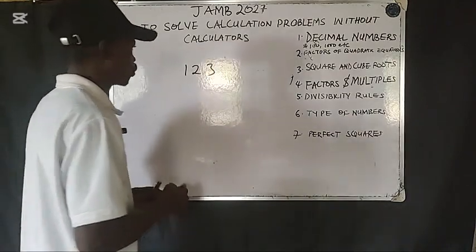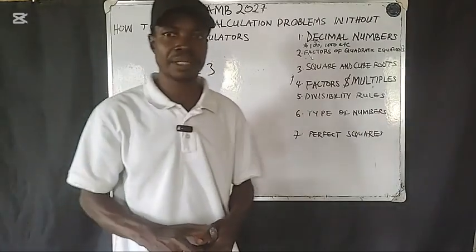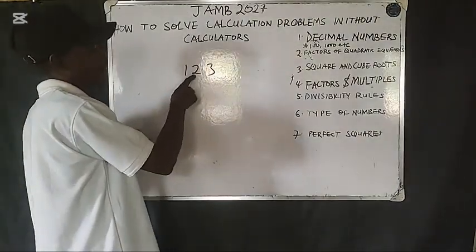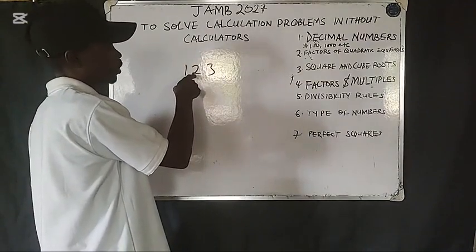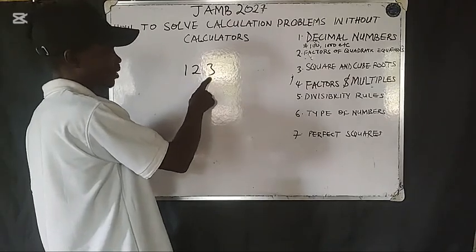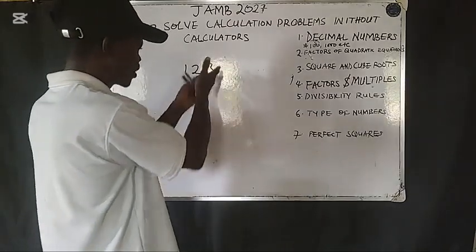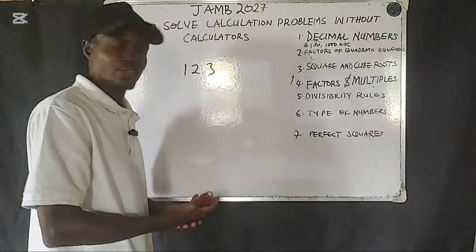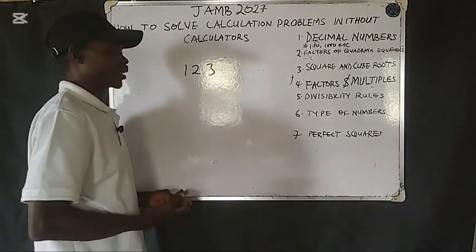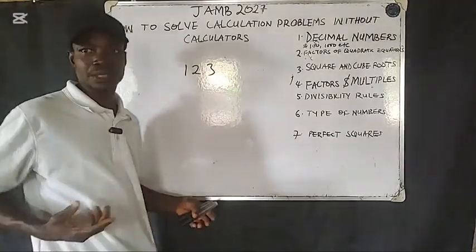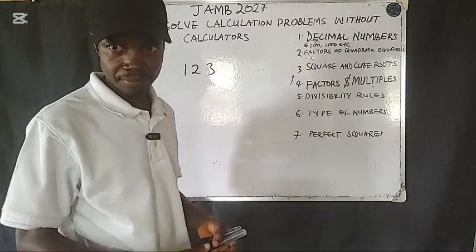Many students will not know that 3 can divide this number, but 3 can divide it. How do we know? 1 plus 2 is 3. 3 plus 3 is 6. So the sum of all the digits is 6, which means 3 can divide this number, because when I sum the digits together, the result is divisible by 3.